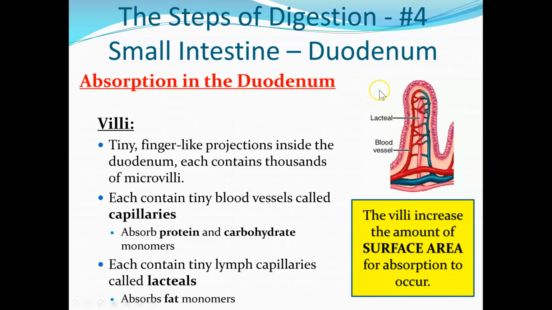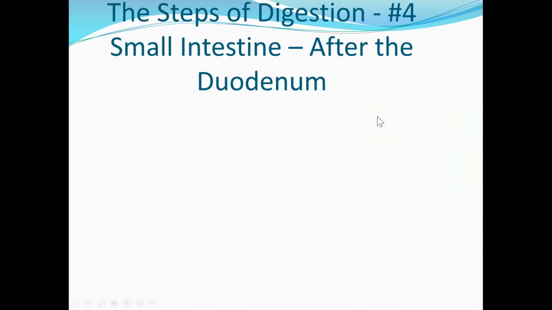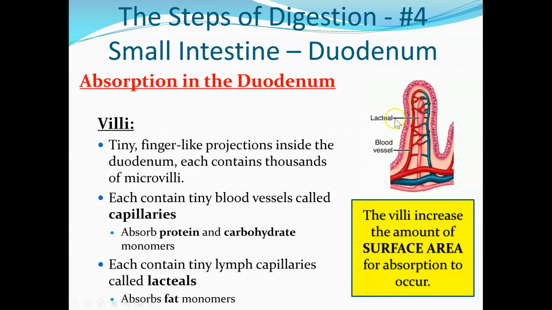Each tiny villus also has lymph capillaries called lacteals. And so the villi within that small intestine basically increase the amount of surface area so that maximum absorption of nutrients can take place.